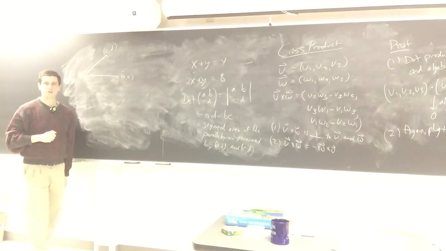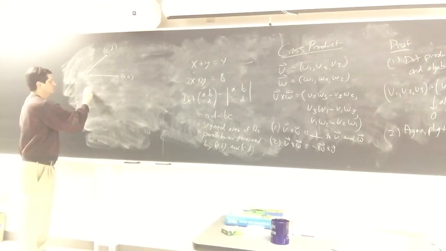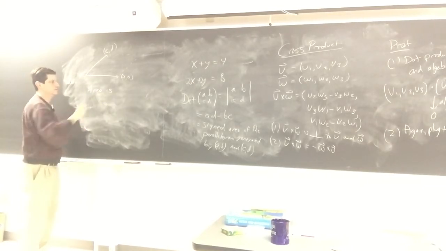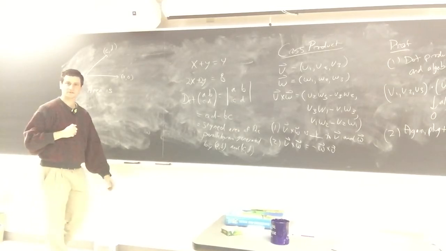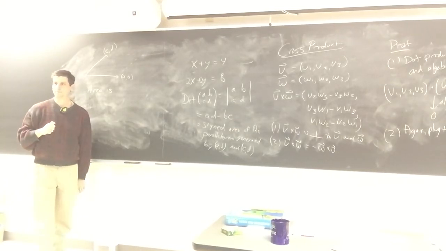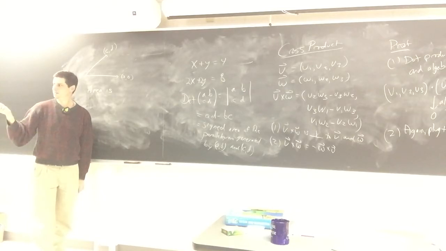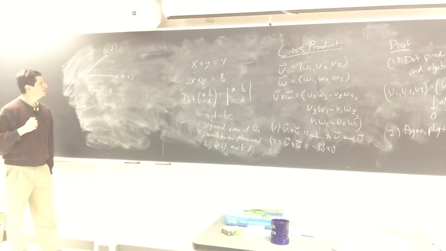And so now we want to calculate the area of this parallelogram. How would we calculate the area? So what would the area be? Start by drawing a height of d.